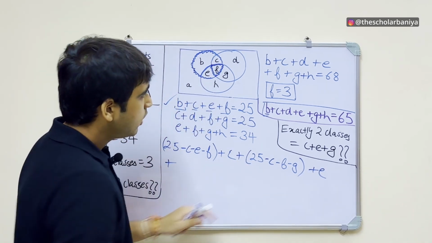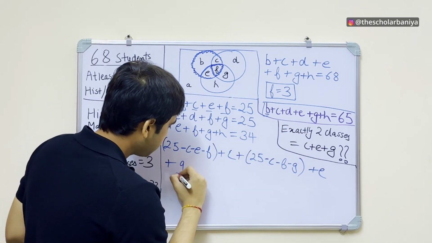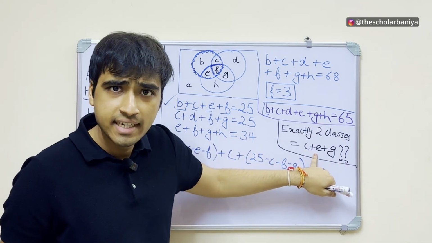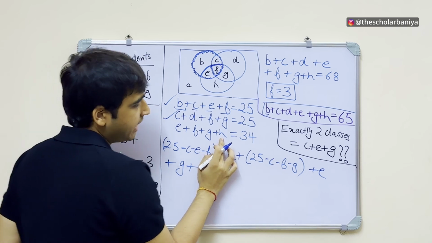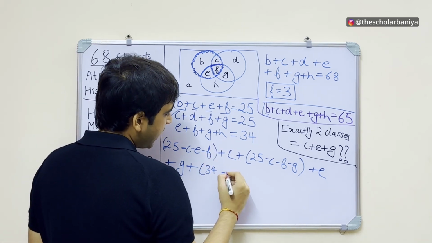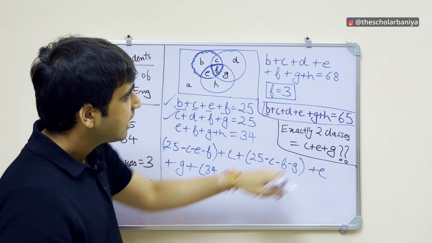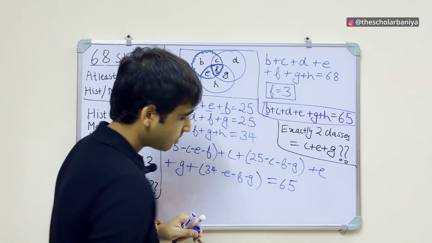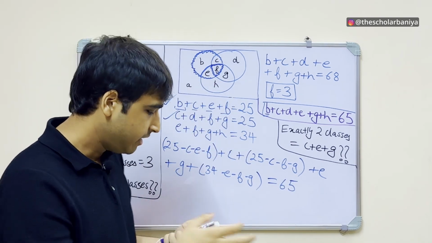Now, do we need G over here? Yes, we need G, so we can write as it is. Do we need H over here? No, we do not need H. So, from the third equation, we can eliminate H. So, what can we write instead of H? We can write 34 minus E minus F minus G, right? And this is equals to 65. I hope this is clear, right?